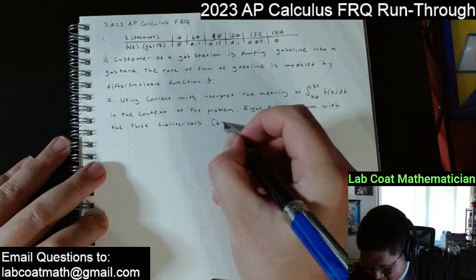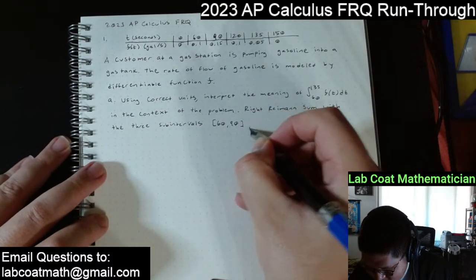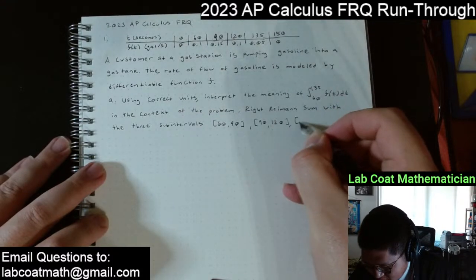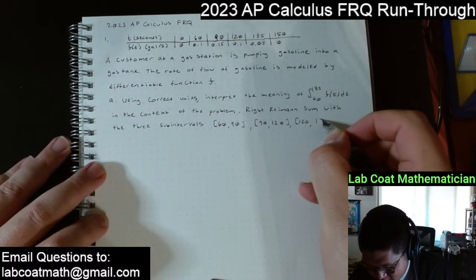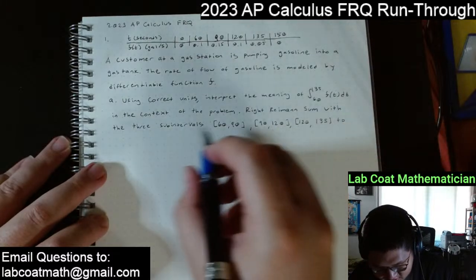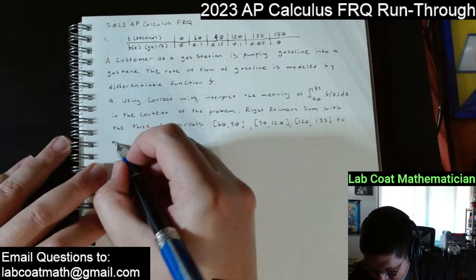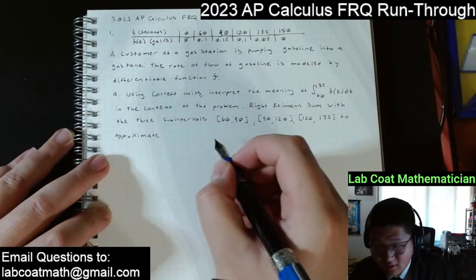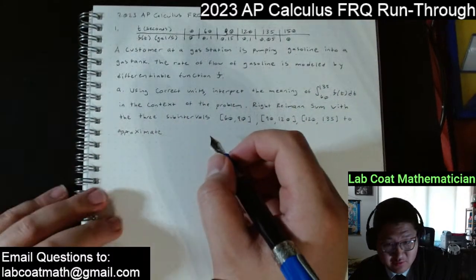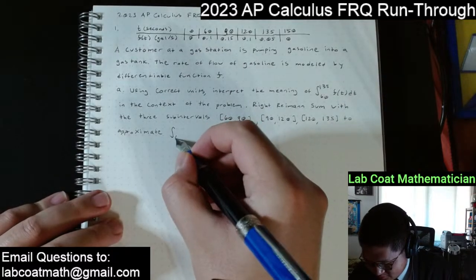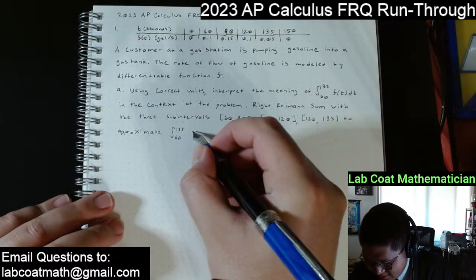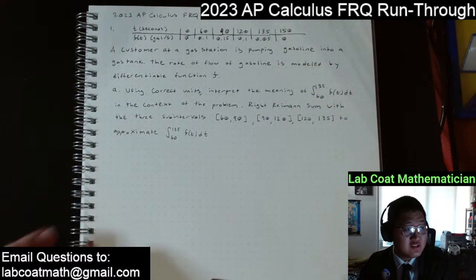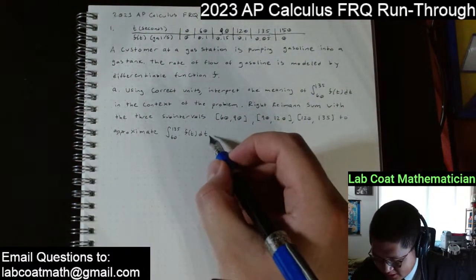So we have 60 to 90, 90 to 120, and then 120 to 135 to approximate that value for that definite integral. The definite integral going from 60 to 135 f of t dt. Okay, good. So we've got ourselves our first problem right here.